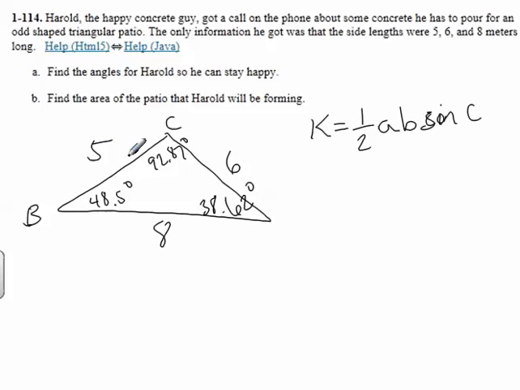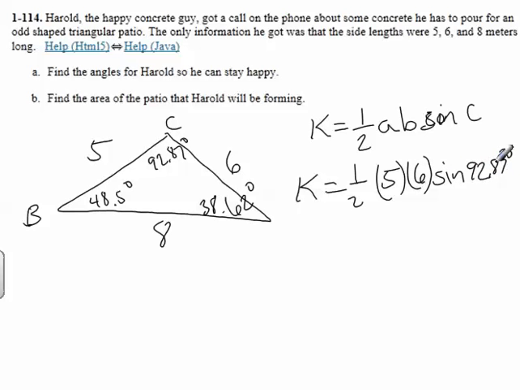So let's go ahead and use the 5, the 6, and angle C. So my area is going to be 1/2 of 5 times 6 times the sine of 92.87 degrees. And this should come up to be approximately 14.98 square meters because it's area.